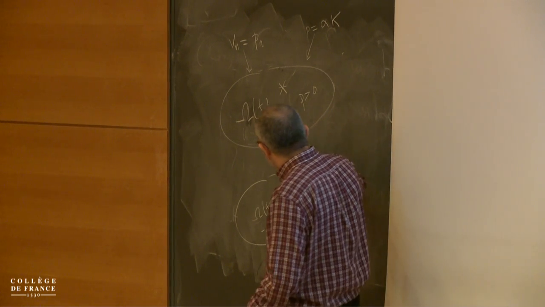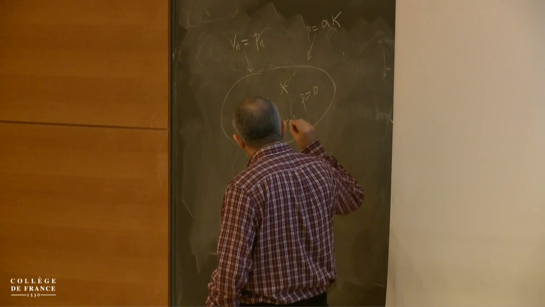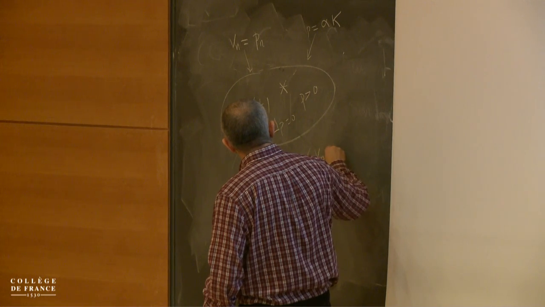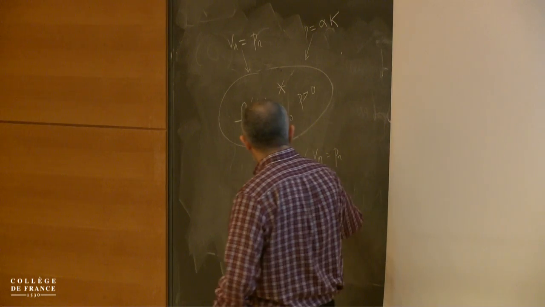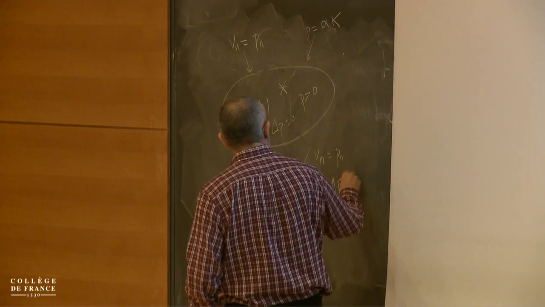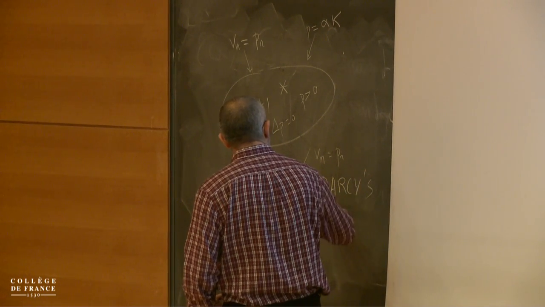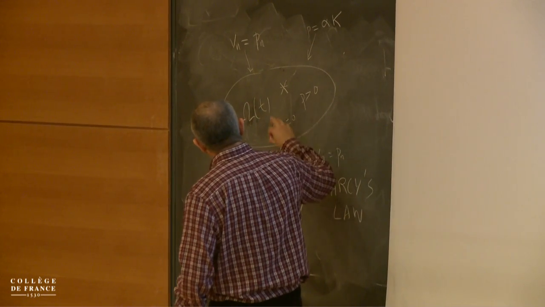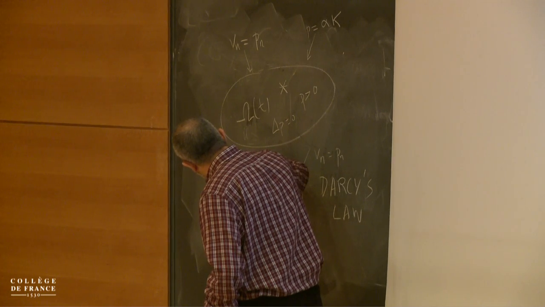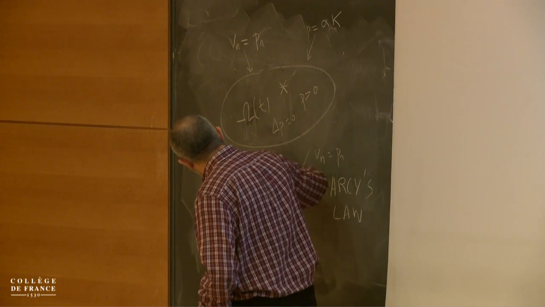And then the boundary is moved according to this rule. Normal velocity equals the normal derivative of the pressure. Okay, this is Darcy's law. And well, we'll neglect for the moment surface tension, so that p equals 0 at the boundary of this domain.